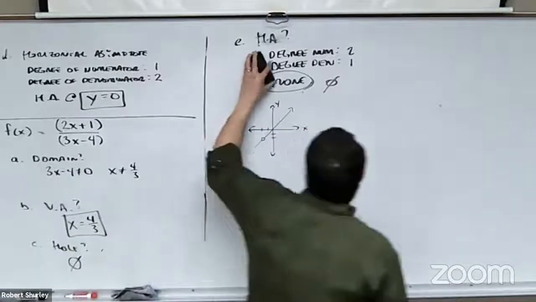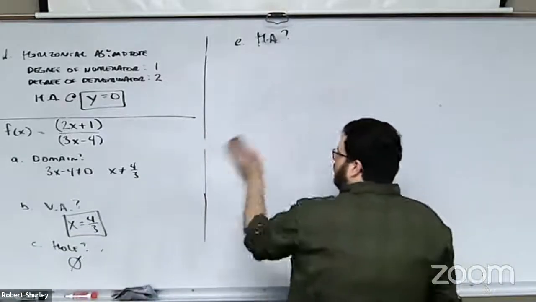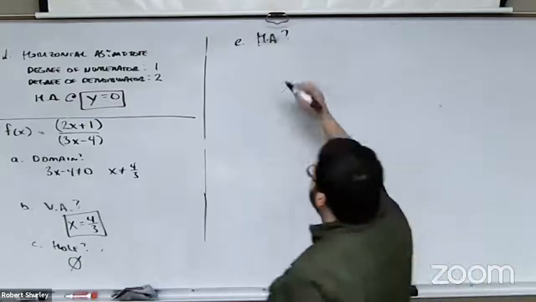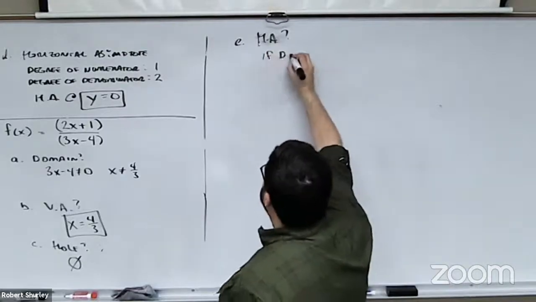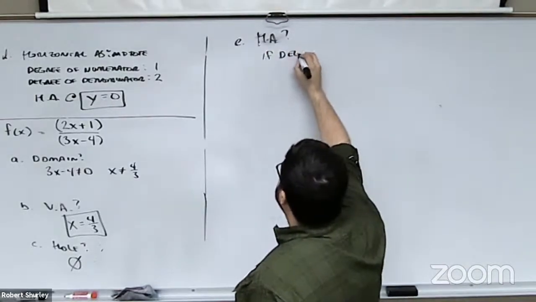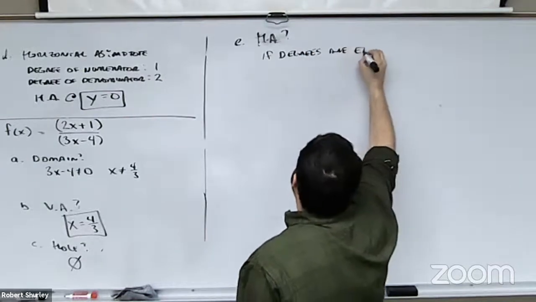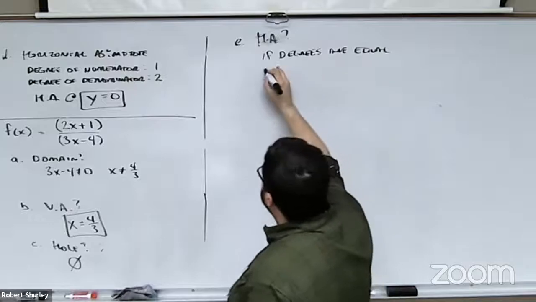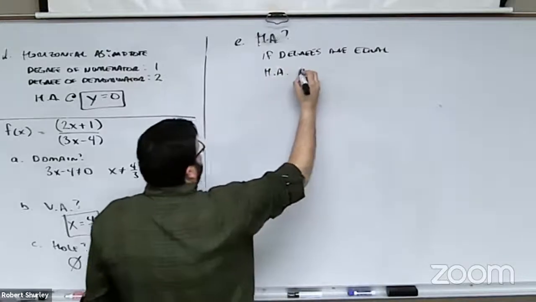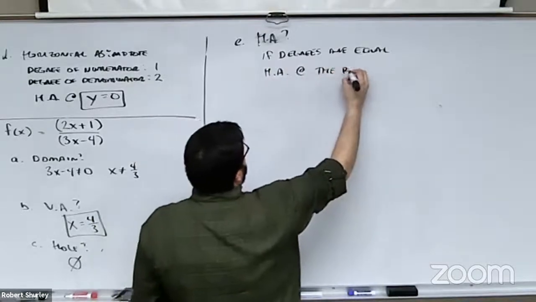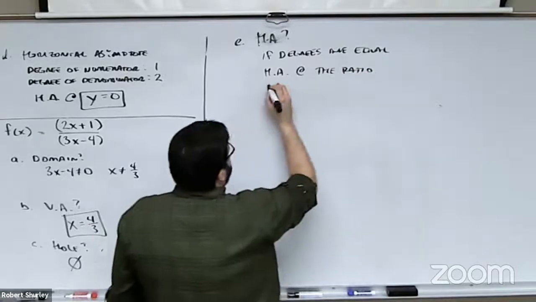But the main difference is that these degrees are equal. If the degrees are equal, this one's a little weird. If the degrees are equal, you've got a horizontal asymptote at the ratio of the leading coefficients.